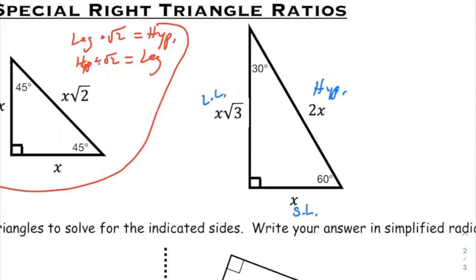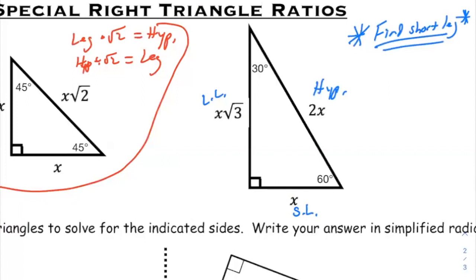Right, so what do we know about this? If I know the short leg, big hint, we need to make sure that we find the short leg if they don't give you the short leg. Okay, find the short leg first. First thing you're going to do, if they don't give you the short leg, find the short leg.